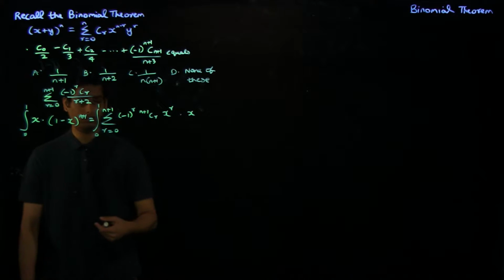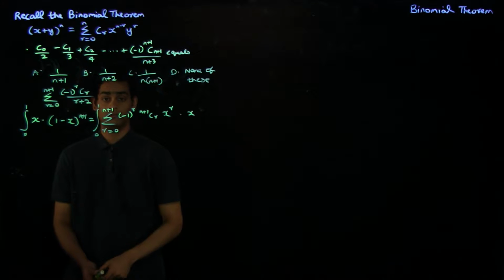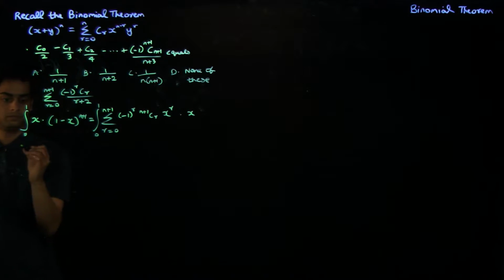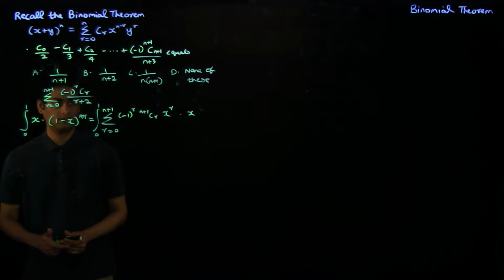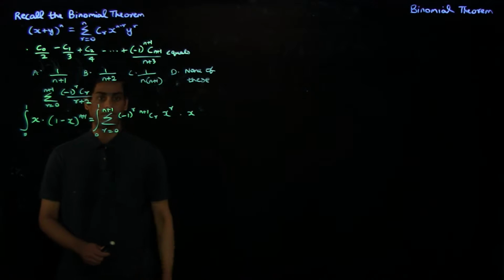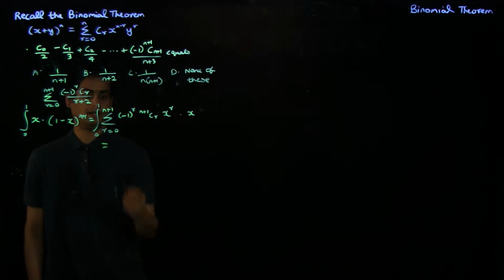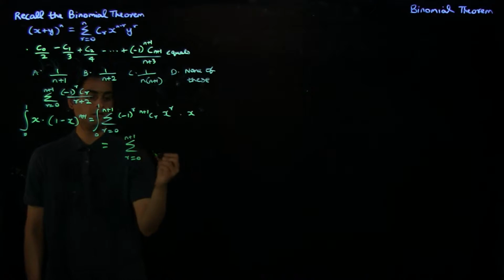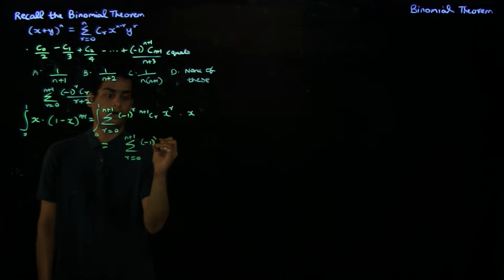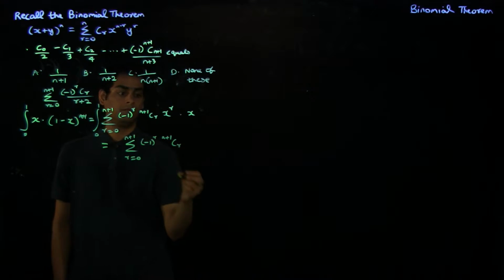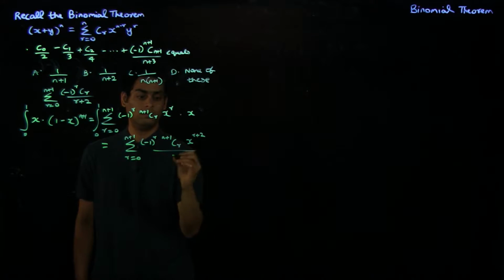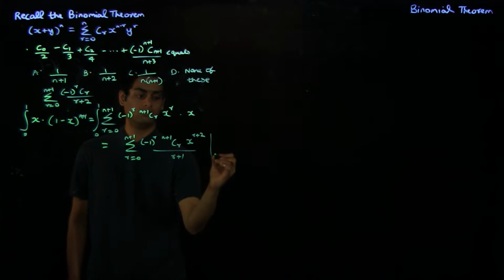The integrating part is very similar to some of the examples we've seen in the previous lectures. I'm not going to derive this result in detail, but essentially you can expand these, and you notice that the right hand side is just going to be summation r = 0 to n+1 of (-1)^r (n+1)Cr x^(r+2) over (r+2), evaluated between 0 and 1.